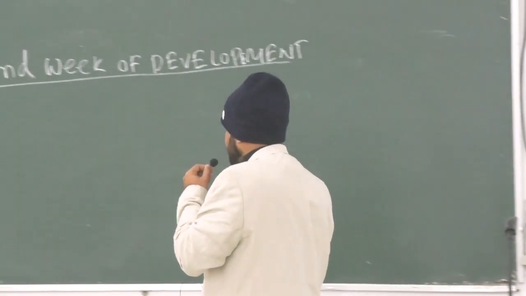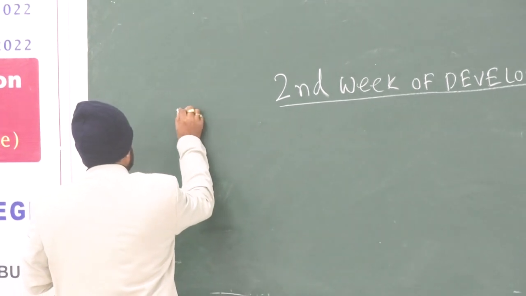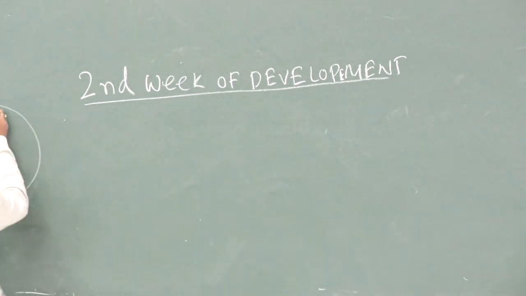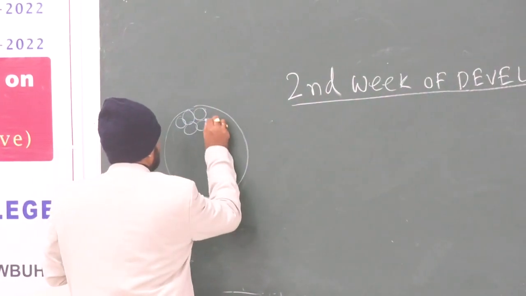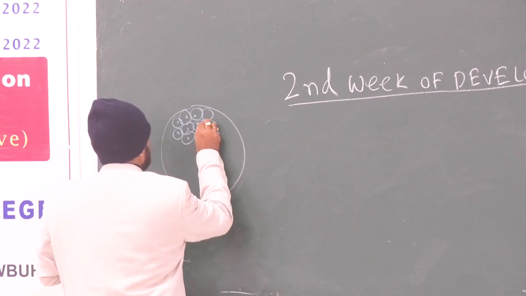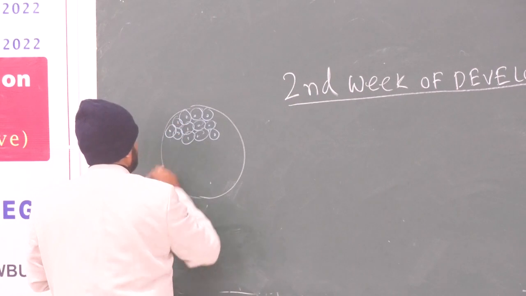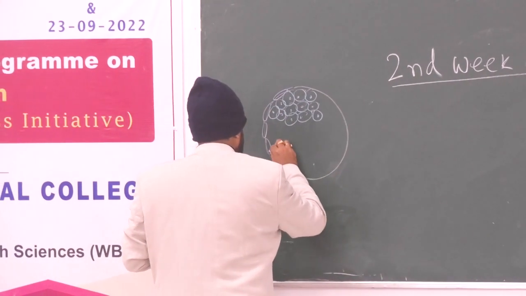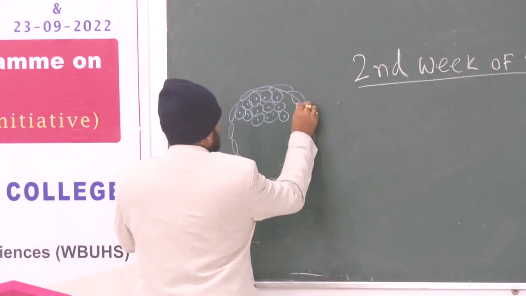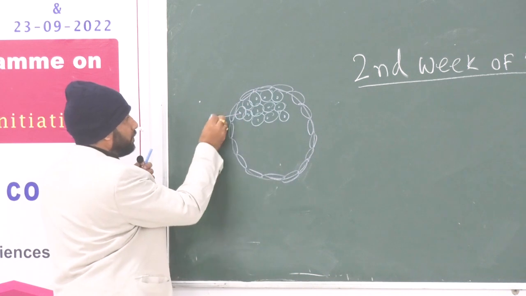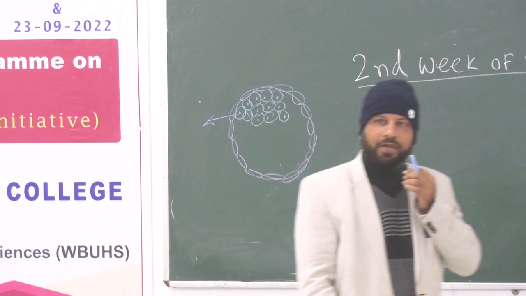If I draw a blastocyst, this is the inner cell mass.